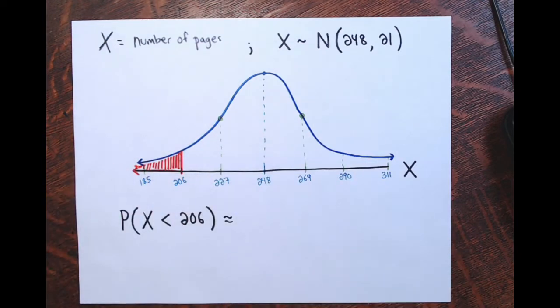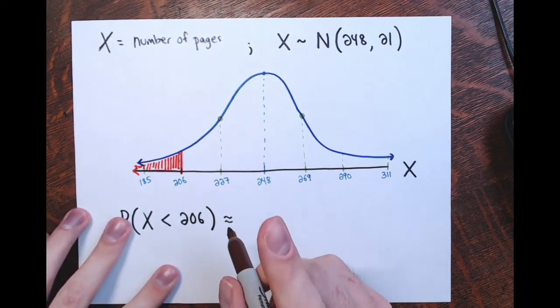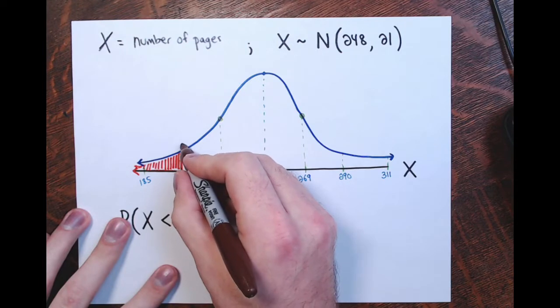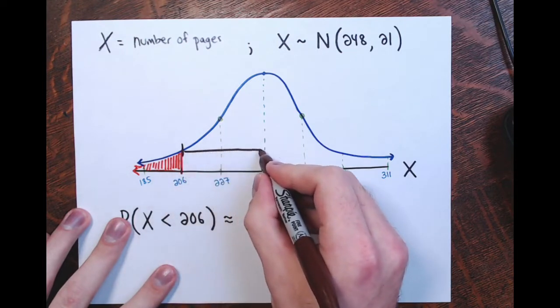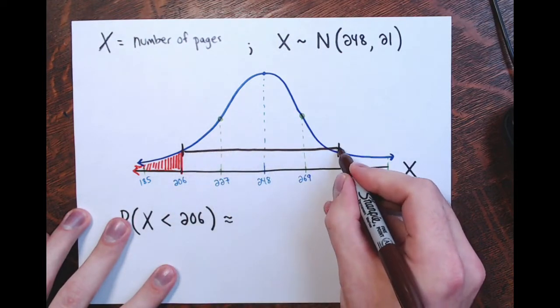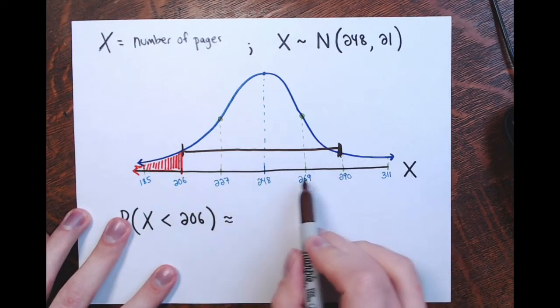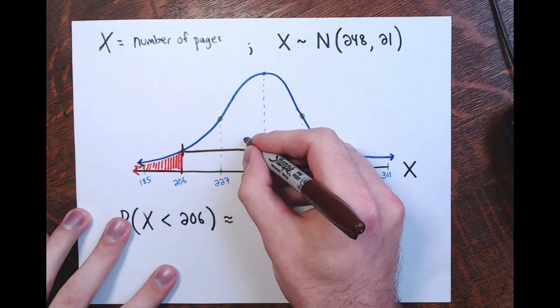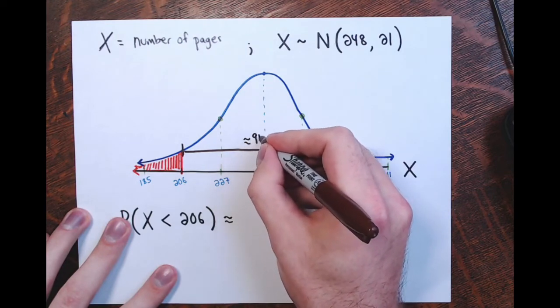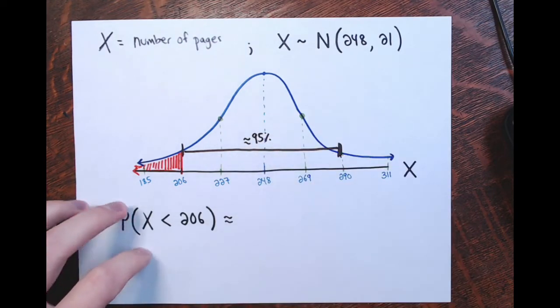But using the empirical rule, we know that from here to here, this is 2 standard deviations, from 290 to 206, it's approximately 95%.